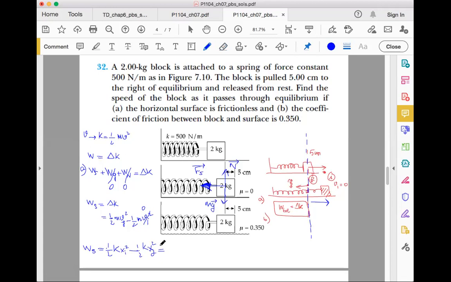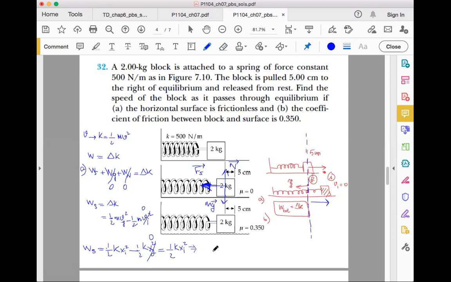And in the final position, we know that the object will pass by its equilibrium state, which means that in this final state, the spring is unstretched, which means that x final is equal to 0. And so we're only left with half k x initial squared.